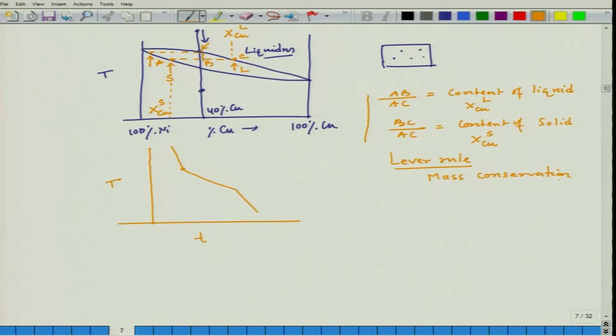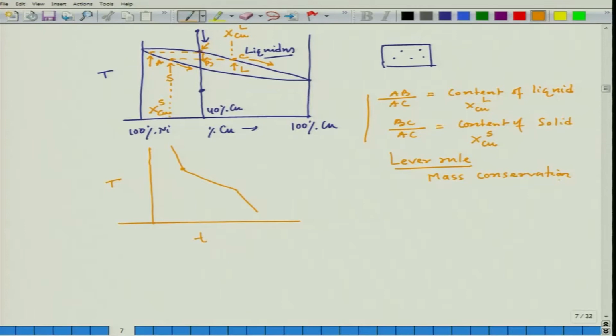As we are going down, we are changing the composition of the liquid as well as solid. The solid which would appear is varying along this line, as well as the liquid which would get solidified is also varying along this line.